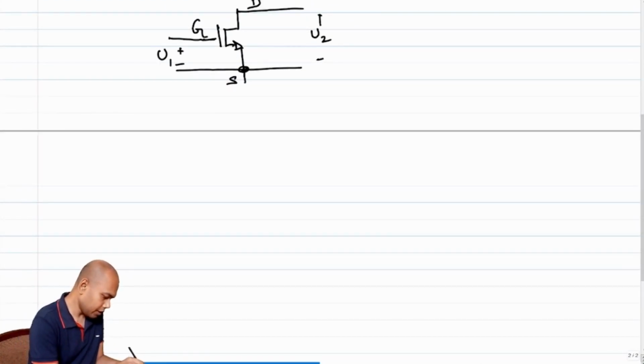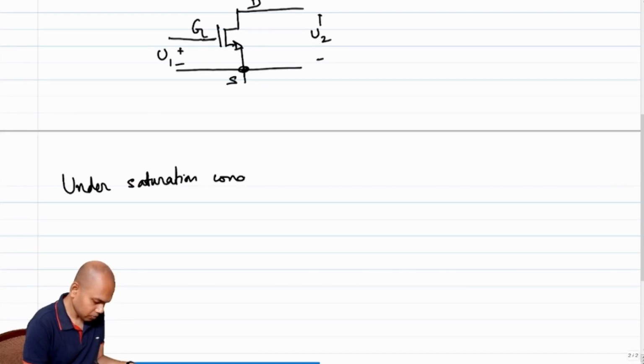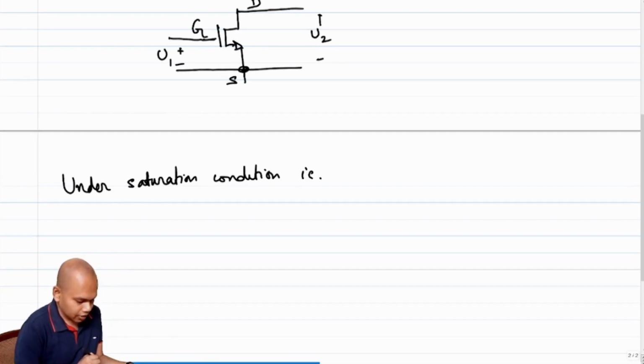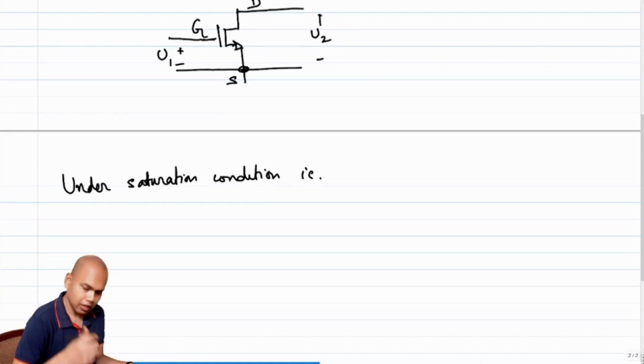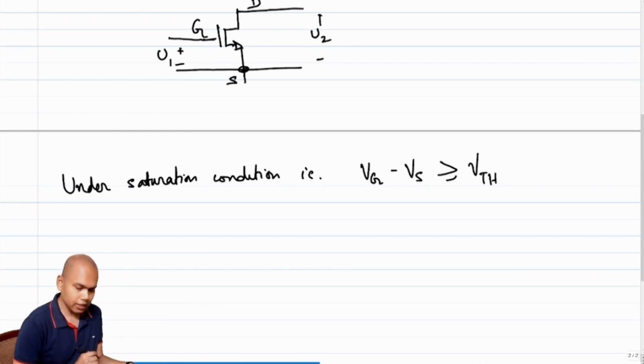And then we saw that if the MOSFET is in saturation, right? So under saturation condition, what is the saturation condition? Firstly, it has to be on, which means the voltage between the gate and the source has to be greater than some threshold voltage, which is a characteristic of the MOSFET.